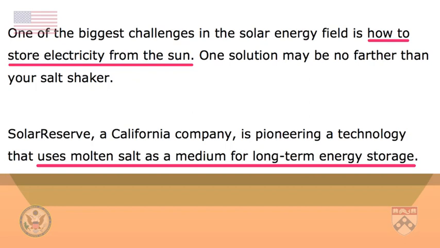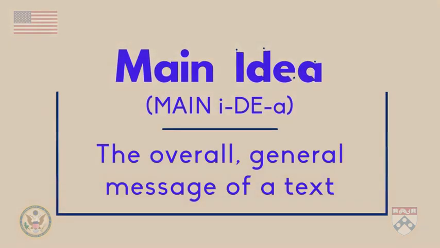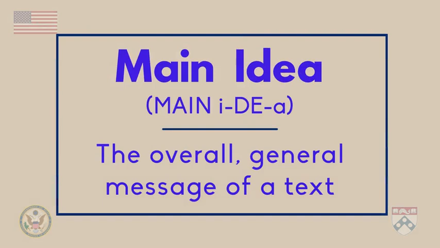Even if some of these words are new for us, we should be ready to combine what we know about the title, the pictures, the captions, and the subheadings to predict the main idea of the text. The main idea is the overall general message of the text. In our example, we could guess that there is a new system for storing energy that uses sunlight and salt.